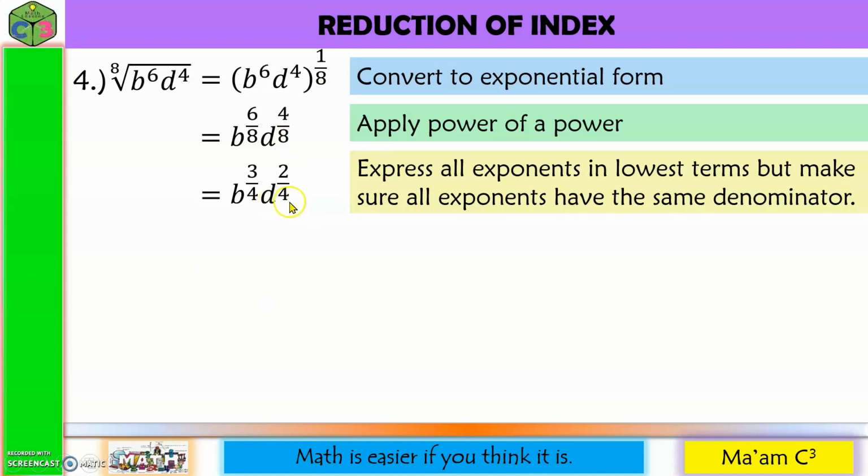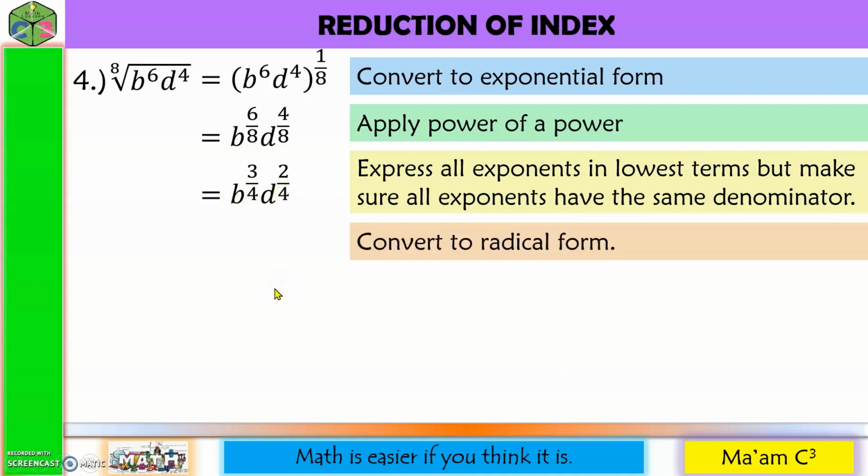If you are going to tell me that I can still express this in lowest terms as 1/2, 4 and 2 are not the same. Again, I have to make sure that all denominators of the exponents are the same. Why is that? Because that will be your new index.